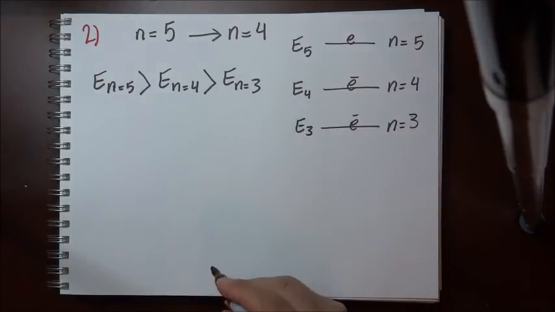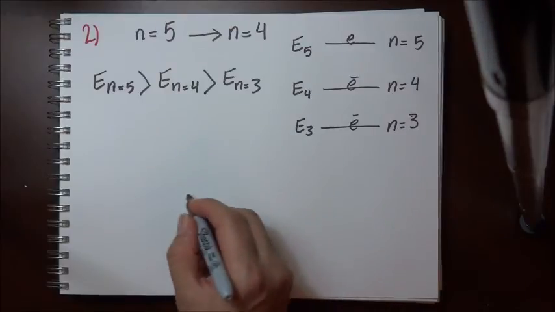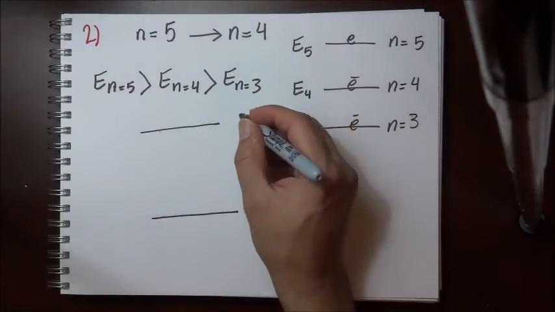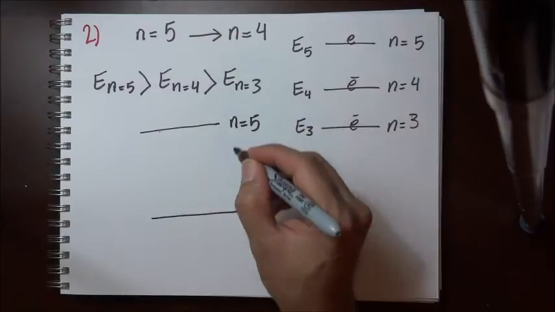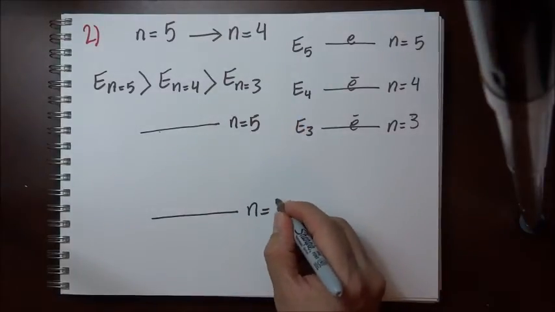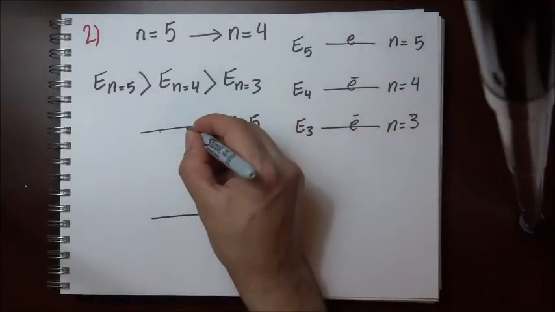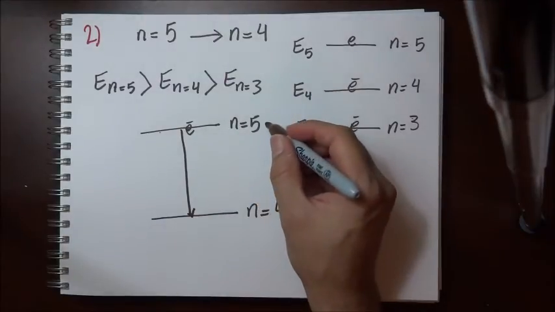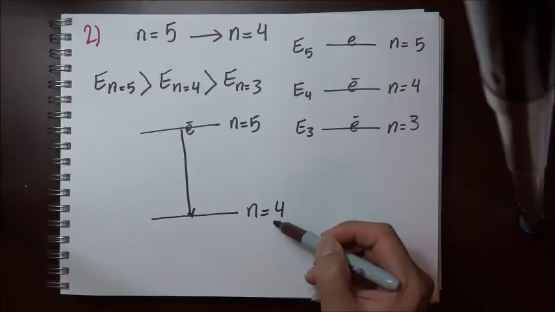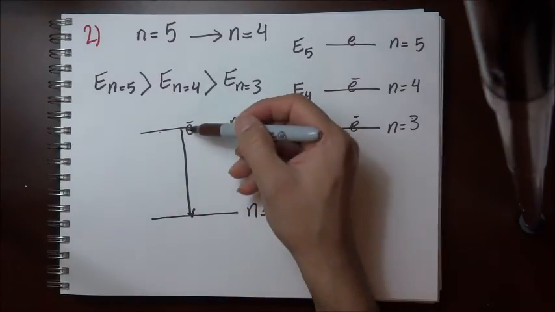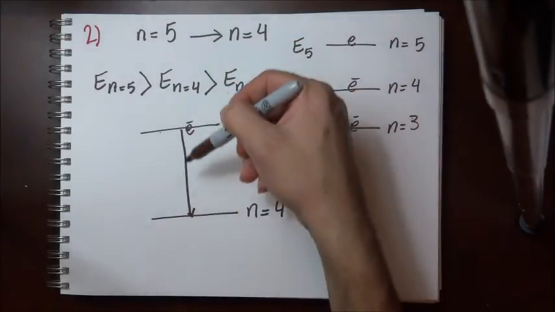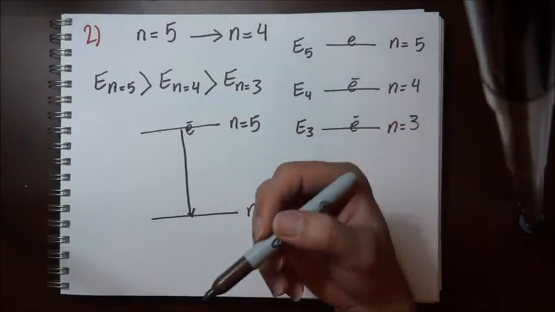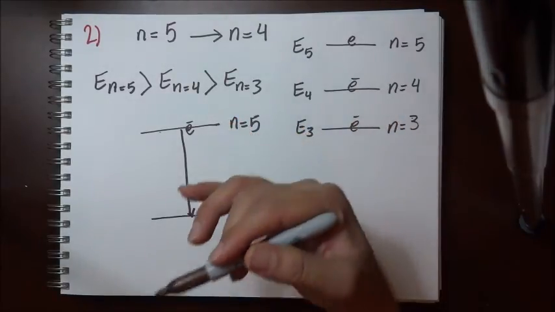So if this one is correct, when you're dealing with one electron transfer, that's transferring one electron from n equal 5 to n equal 4, because the energy of n5 is bigger than the energy of n4, that electron during relaxation or electron transfer will release some of the extra energy as light.